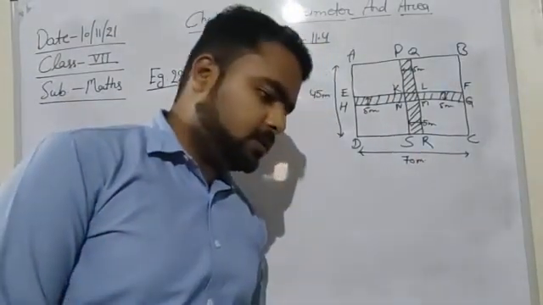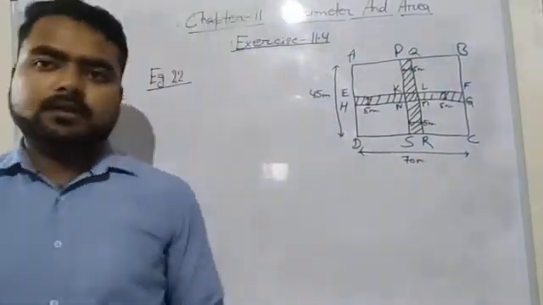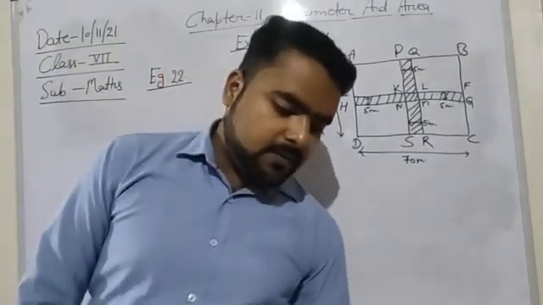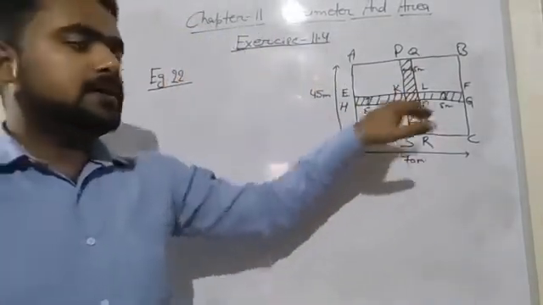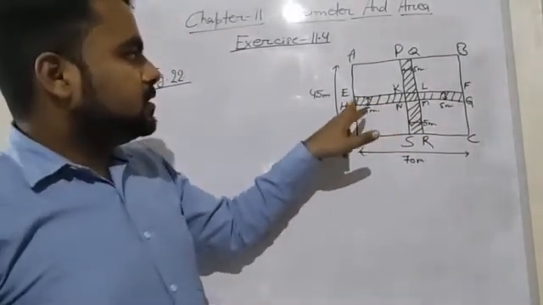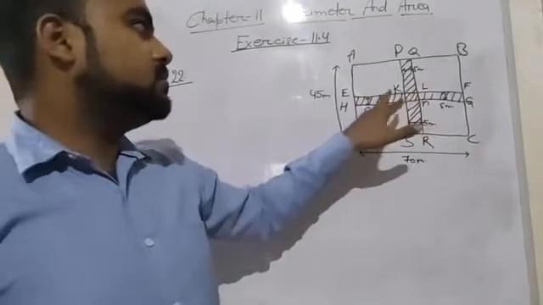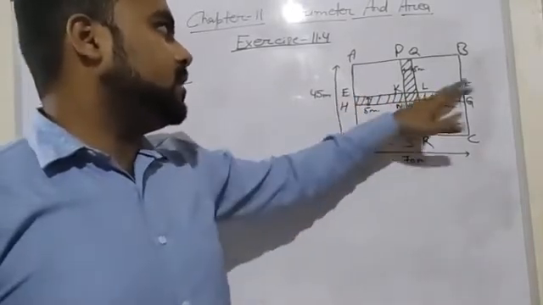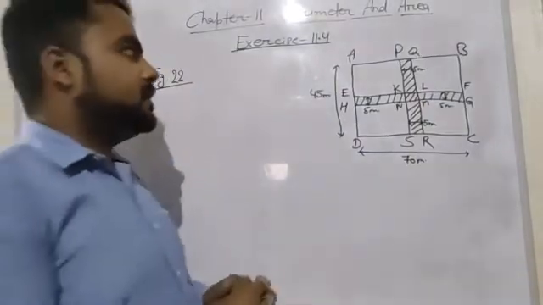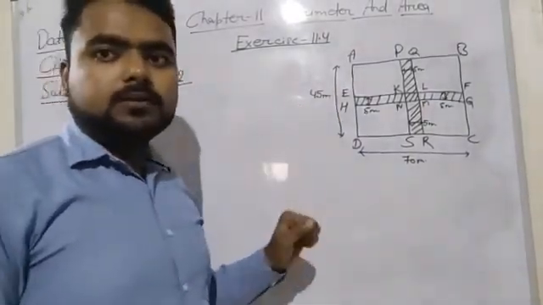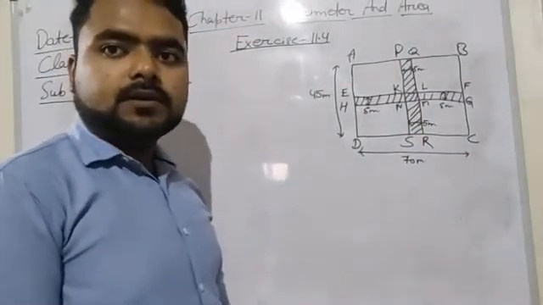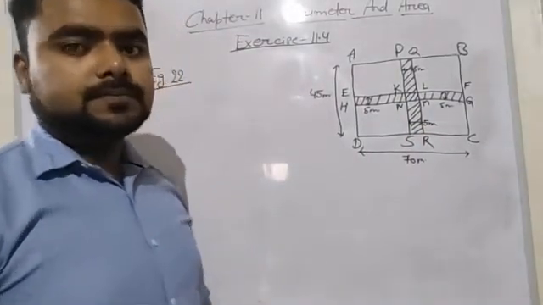So first let me explain it orally, then we will do it in written form. As we have to find the area of this path, you can see here there are two rectangles, EFGH and PQRS, and we have to find the length and width of these rectangles to find the area.